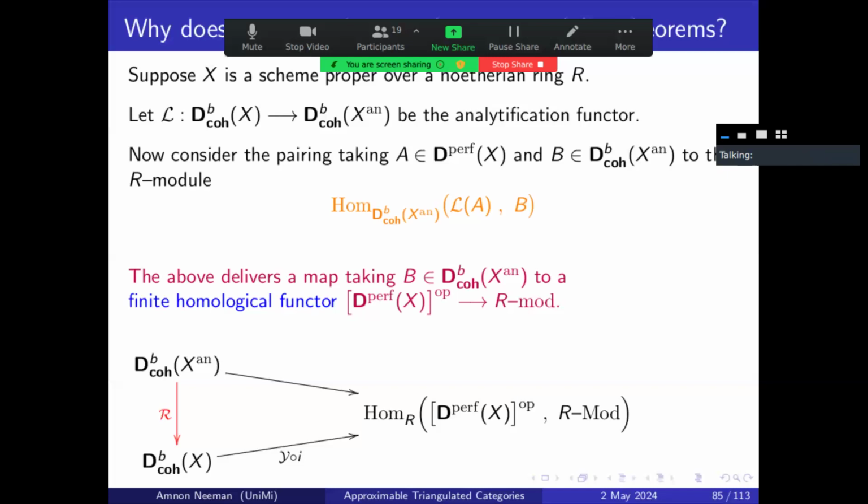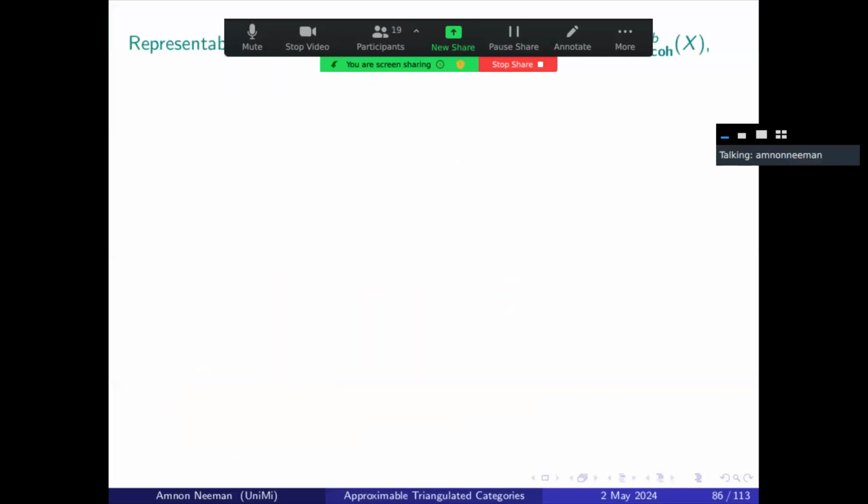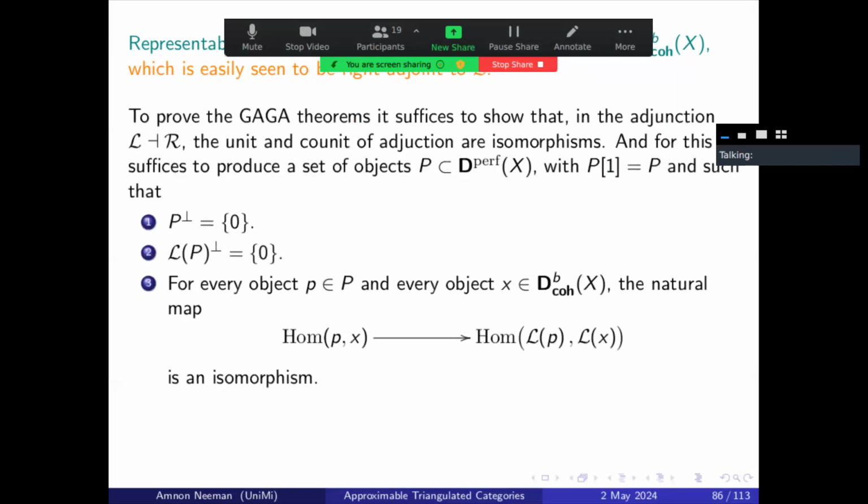Anyway, so this black magic bought you a functor R, which goes in the wrong direction. And it's easy to see that it's right adjoint to the functor L. And to prove the Gaga theorem, it suffices to show that the unit and counit of the adjunction are isomorphisms.